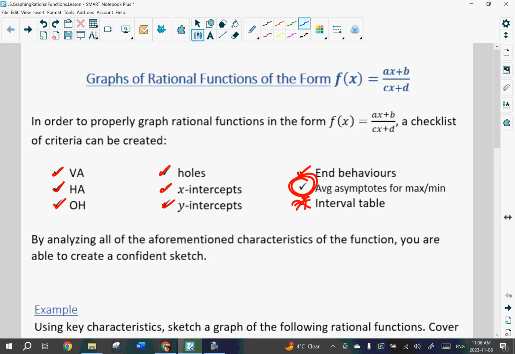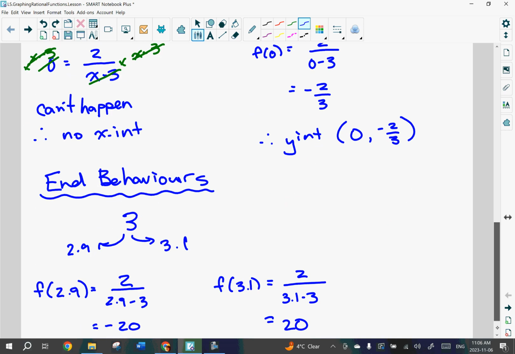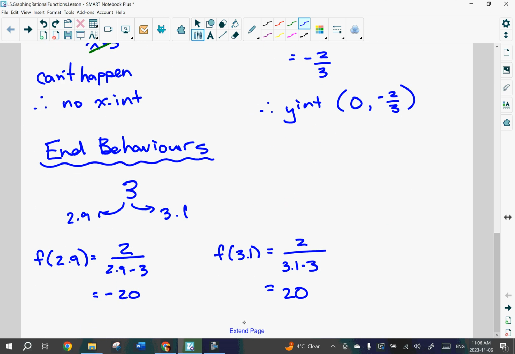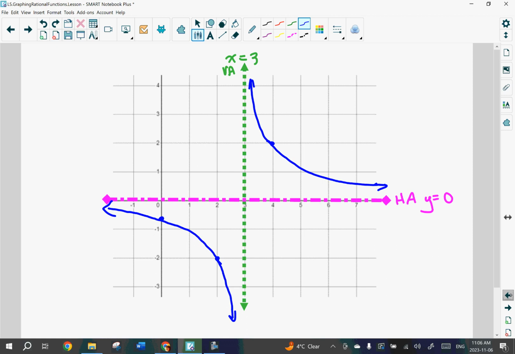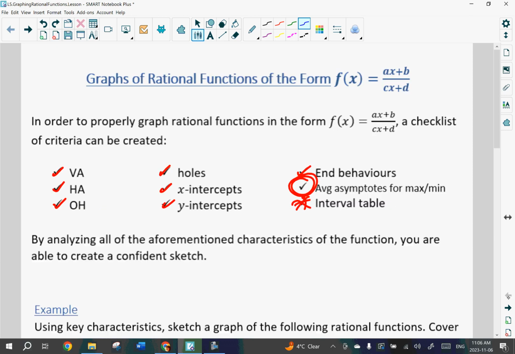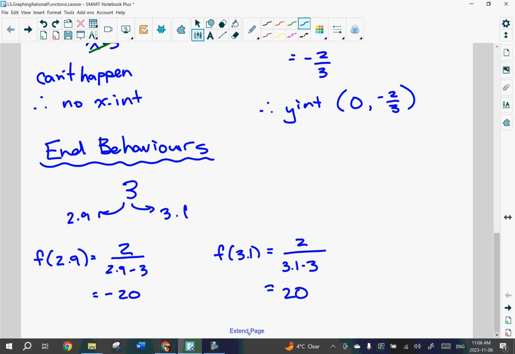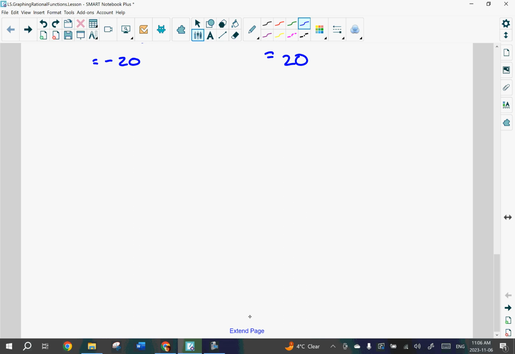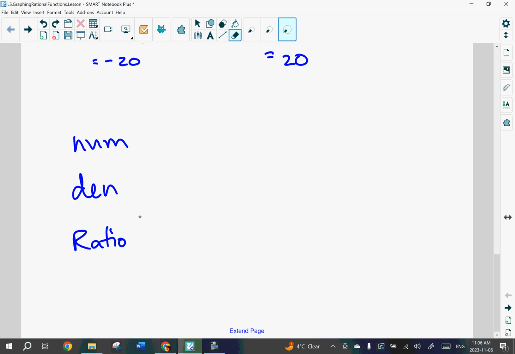Now you could create an interval table for this one, but we have done so much graphing that we already know pretty much what this looks like. The way the interval table would look, though, I would go numerator, denominator, ratio. That's just numerator sign divided by denominator sign.